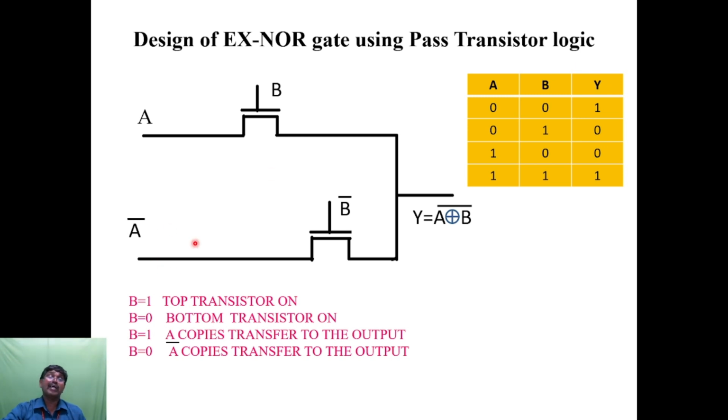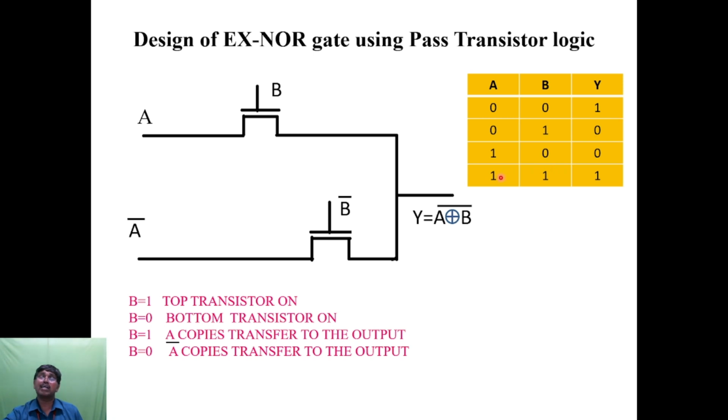Next, the design of XOR gate using pass transistor logic. We are now familiar with the logic gates. This is the XOR gate truth table. We know that when both inputs are high as well as when both inputs are low, the output will be high. The first case: when A is equal to 0 and B is equal to 0, the output will be 1.